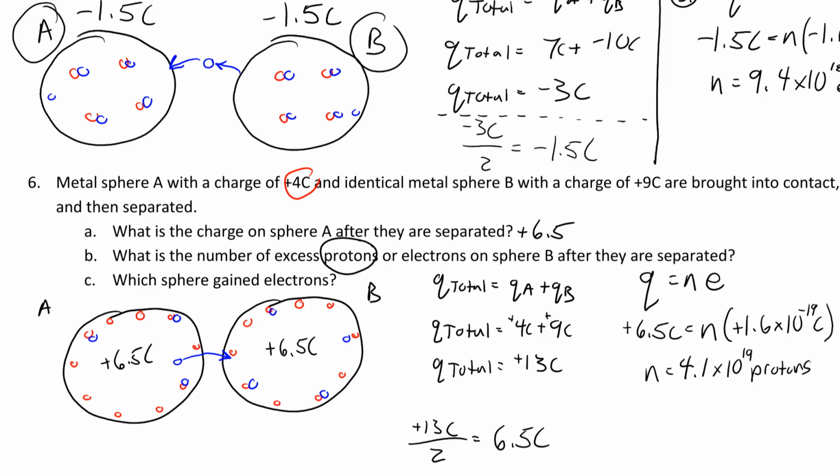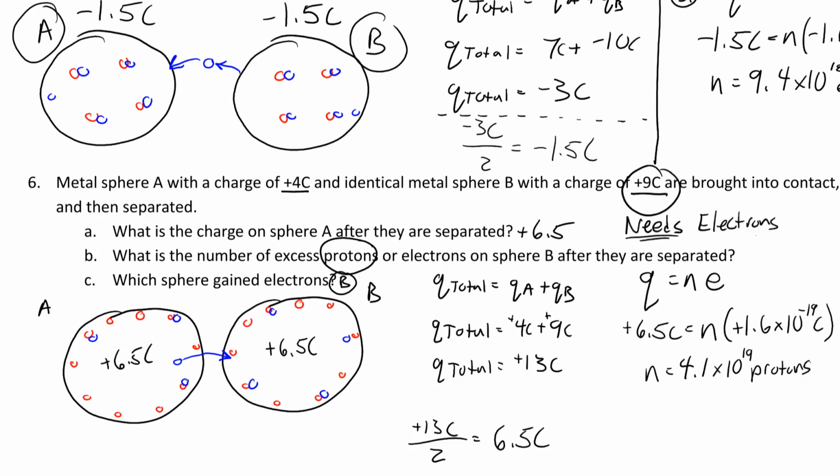So it says which sphere gained electrons, and hopefully you saw by the diagram I drew, we saw that the electrons travel into sphere B. So sphere B gains the electrons. And how can you tell that without having to draw a crazy diagram? What if the numbers are kind of weird? Well, you want to look. Okay, this is positive 4 coulombs, and this is positive 9 coulombs. This is very deficient in electrons.